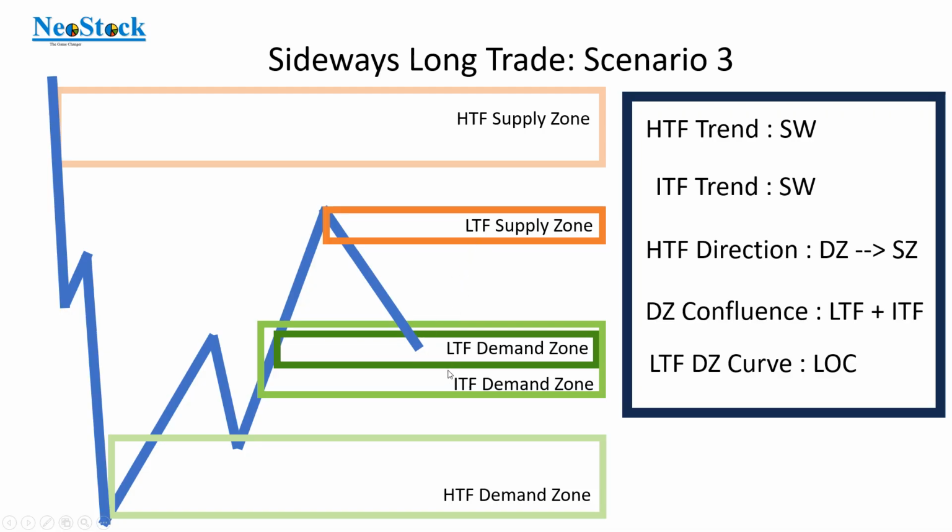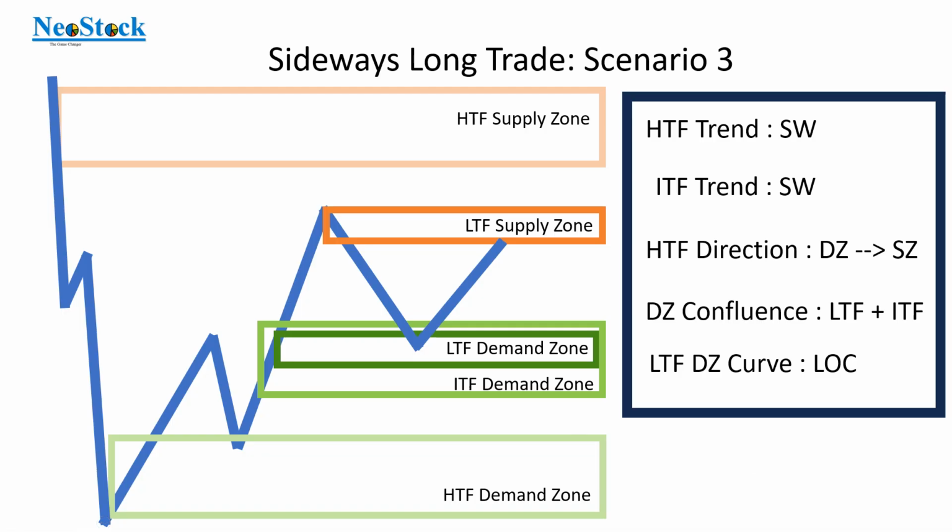If checklist items are failed, there are higher chances the zone might be violated. So once prices reach here and all the checklist items are satisfied, there are higher chances the prices will be reaching your LTF supply zone. This is how you will be planning sideways long trade setup based on scenario 3. Hope scenario 3 is clear to all of you.